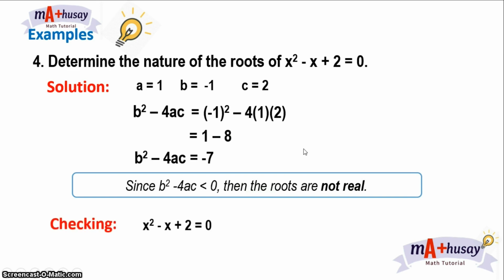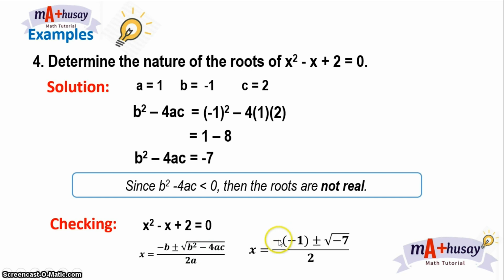So, let's check. We know that x squared minus x plus 2 equals 0 cannot be factored. So, in this case, we will use the quadratic formula. Now, bakit natin sinabing no solution? So, using the quadratic formula, if we plug in negative 7 in the radicand, yung b squared minus 4ac, we will have this, negative 1 times the negative 1 plus or minus the square root of negative 7 all over 2.